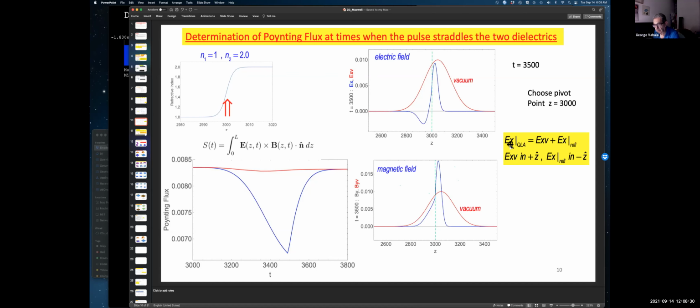The final field is nothing but the vacuum, or initial, field plus the reflected field. You can determine what the vacuum field is, since that's just propagation of the pulse, and then subtract the two to get the reflected field. If it's the reflected field, you know the normal is in the minus z direction, and if it's the vacuum field, it's in the plus z direction. Doing that for the E field and B field, you then find excellent conservation of Poynting flux. You don't see this dip.